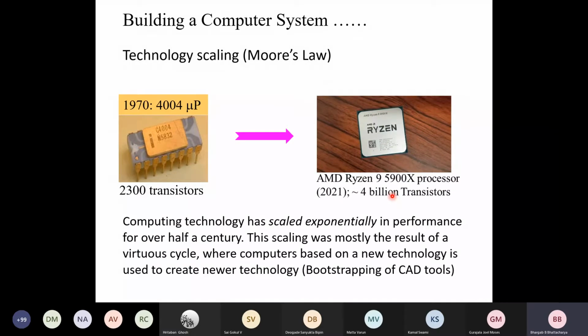That's how technology scaling has been sustained, because of this continuous bootstrapping, which has been possible because of the arrival of newer generations of computers, which are used to generate future generations and so on. You got the idea, right?